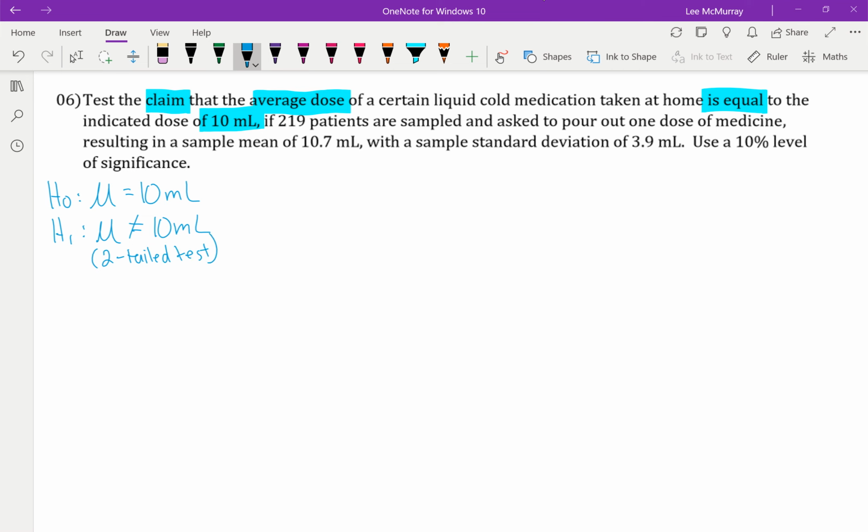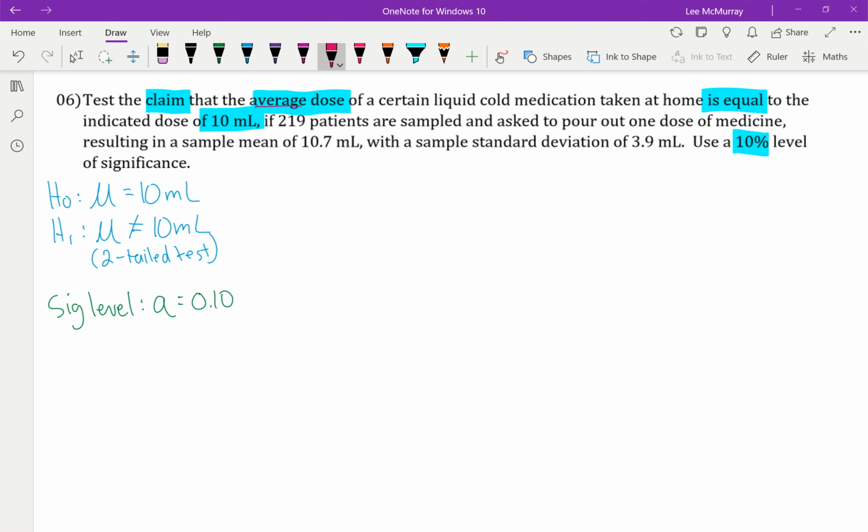Okay. We were told to use a significance level of 10%, so significance level alpha is 0.10. At this point, we have to determine which test statistic to use. We're dealing with an average, so for a claim of the mean, we're either going to use a Z or a T statistic.